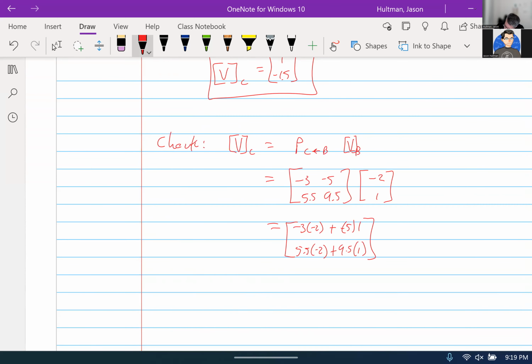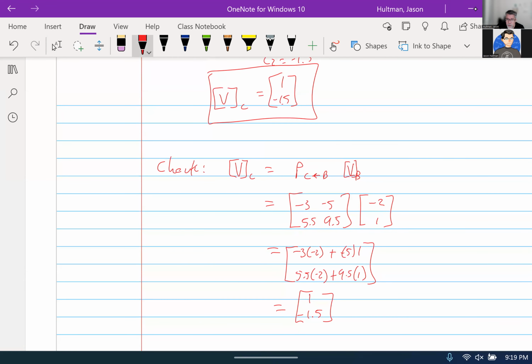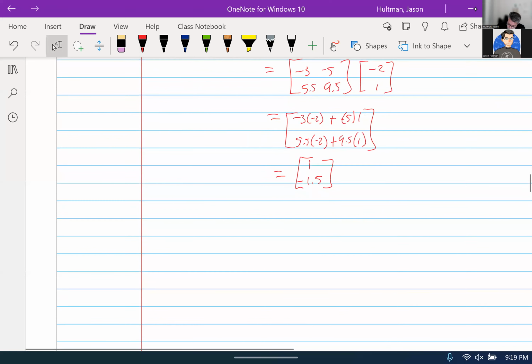And this is going to be equal to 6 minus 5, which is 1. And the bottom is -11 plus 9.5, which is -1.5, which is what V of C was. We can see that right above here. Okay, let's check the other direction.